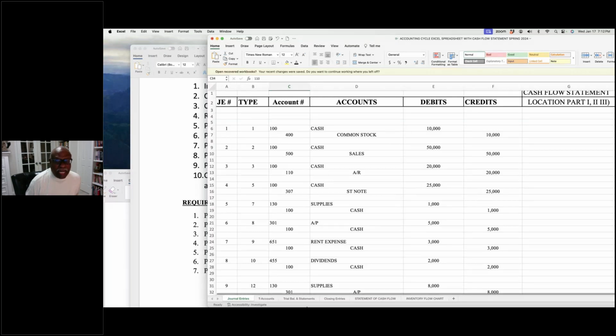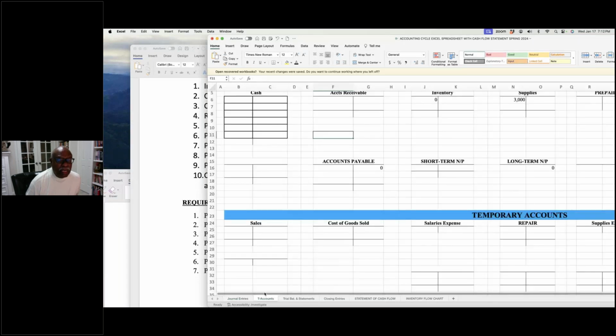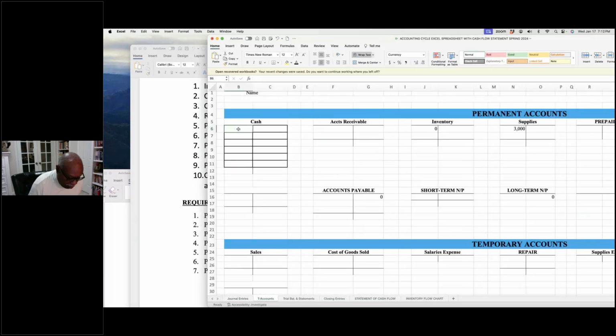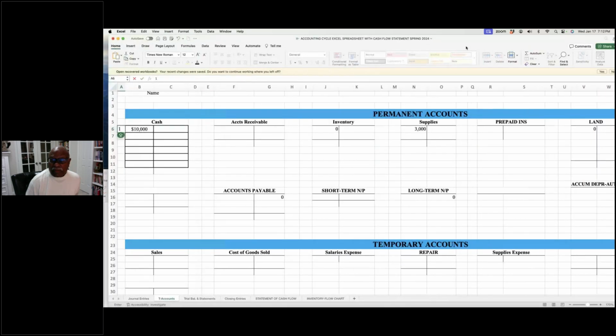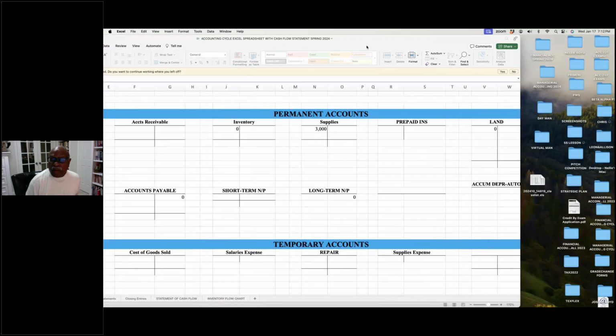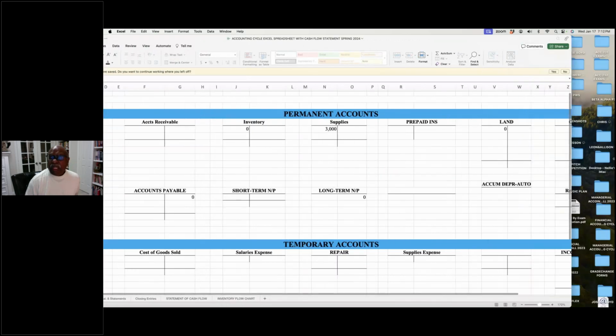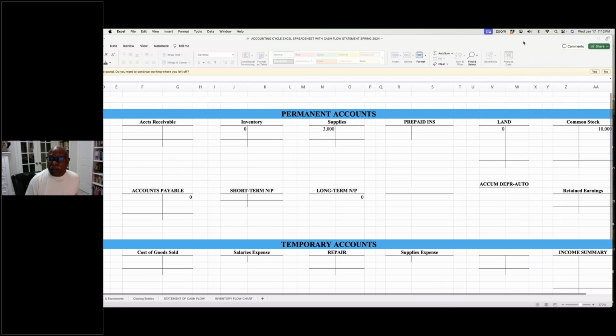So we go to the T accounts, we're going to go to cash. And we're going to put 10,000 in here. Then we're going to drop in this little box here a 1, which lets us know that was journal entry 1. Then with common stock, we're going to do a similar thing.